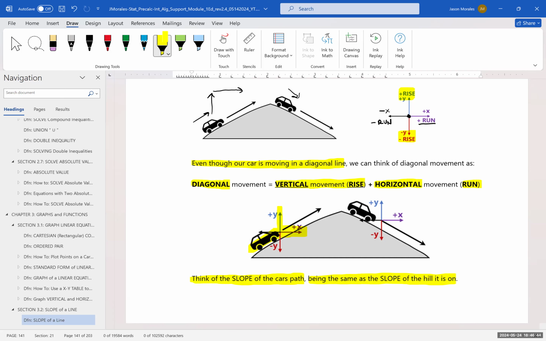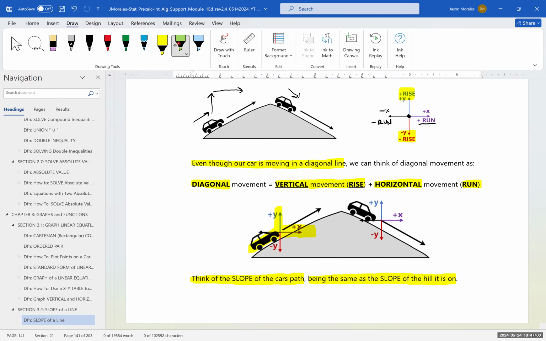Let me make one more comment before we leave this picture. On the left-hand side, with the car going up the slope, you'll see that it's traveling to the right, so it's traveling in positive values of x. And it's also going upward. Its elevation is increasing, so that's positive values of y.